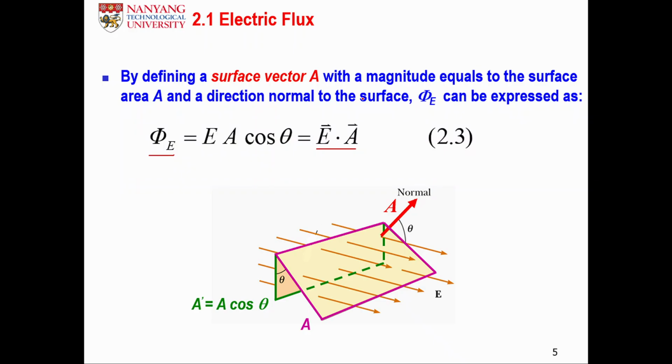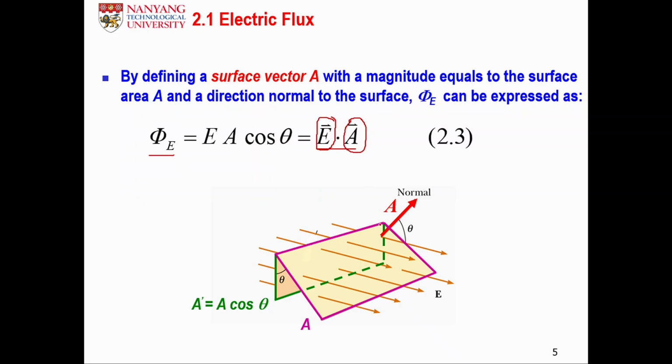And of course, the first term is just the electrical field E as a vector, meaning you need to consider both magnitude and direction of E. While for the second vector, this vector A, in terms of the magnitude, is just the geometric area of a surface.